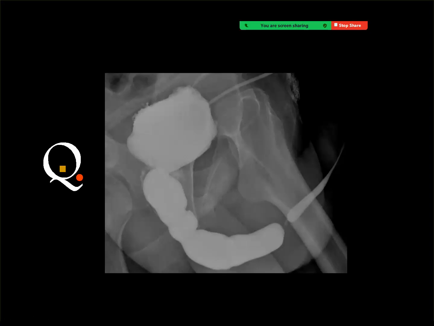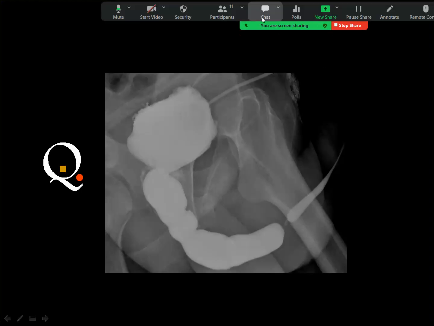This is actually an ascending and a descending cystourethrography. Contrast has been injected through the urethra and through a suprapubic cystostomy as well.